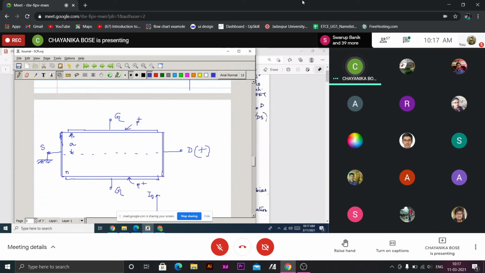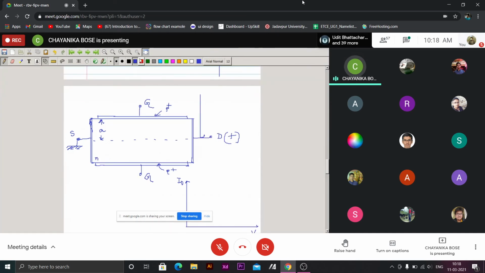As in the case of a PN junction, at equilibrium there will be a depletion region and barrier field. But here the channel cross section is quite large, and we may ignore this depletion region that extends in the N-type channel. In the absence of any gate bias, we will ignore that depletion region.